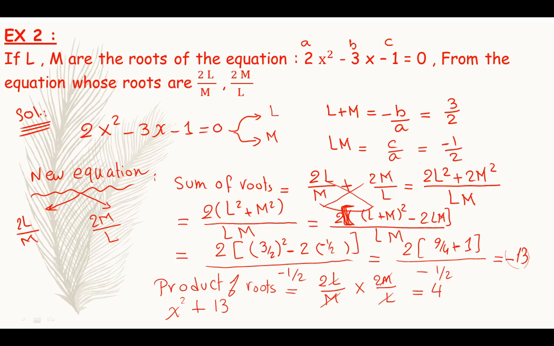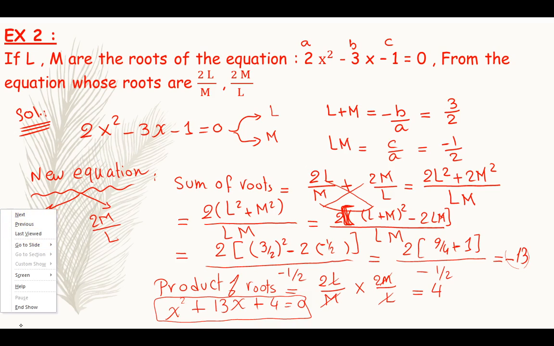But don't forget, the sum of the two roots will be multiplied by x, so it will be 30x, plus the product, plus 4 equals 0. Okay, so this is the new equation, whose roots are 2L over M and 2M over L.